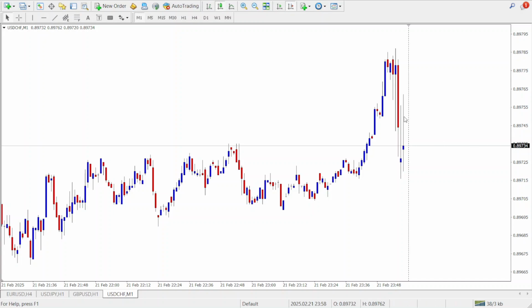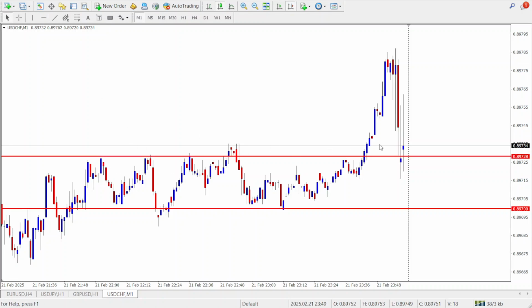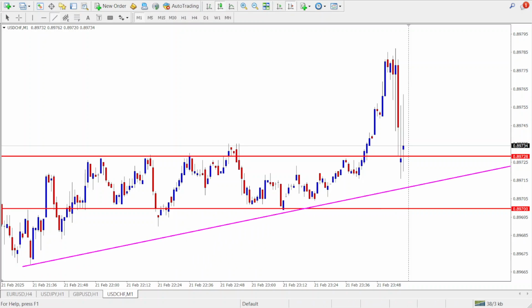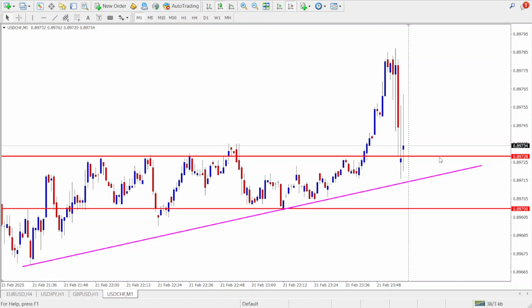Now, one of the first steps in smart money trading is recognizing market structure shifts. In traditional retail trading, many people focus on support and resistance, trend lines, indicators, and all of that, right?